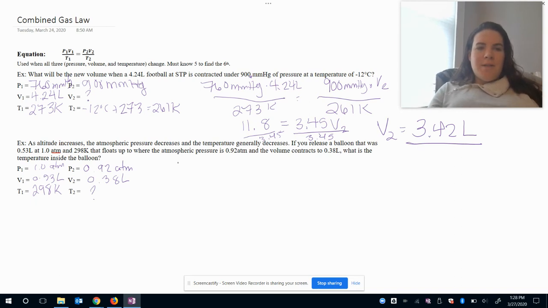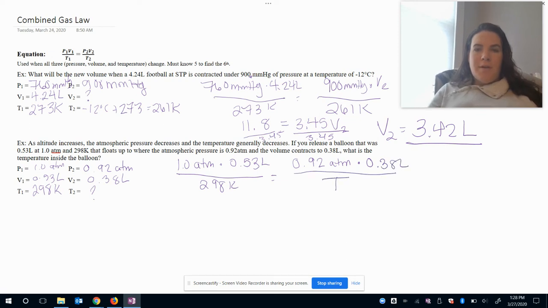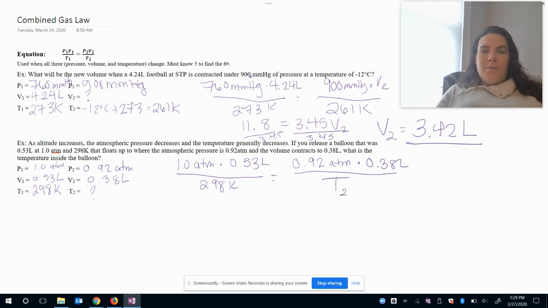We'll plug in our numbers. So we have 1 atmosphere pressure times 0.53 liters, our volume, divided by 298 Kelvin. And then on this side we have 0.92 atmospheres times 0.38 liters over temperature 2.